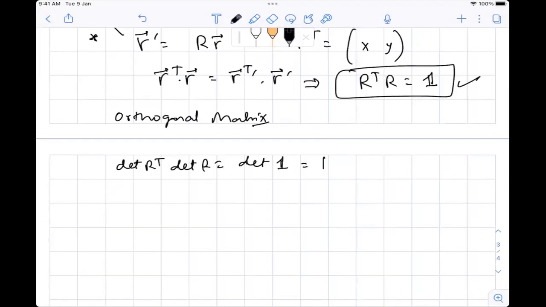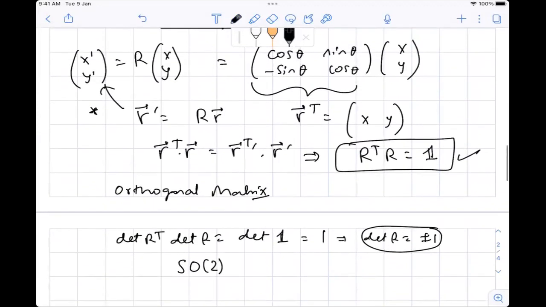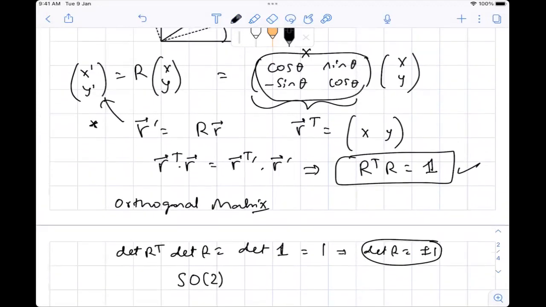This is 1 because the determinant of the identity matrix is 1, and we also know that the determinant of a matrix and its transpose are the same. So this means the determinant of R is equal to plus or minus 1. If we take determinant R equal to plus 1, then these are the special orthogonal matrices. That's why I write SO(2). Whatever I wrote here is an example of a special orthogonal matrix.